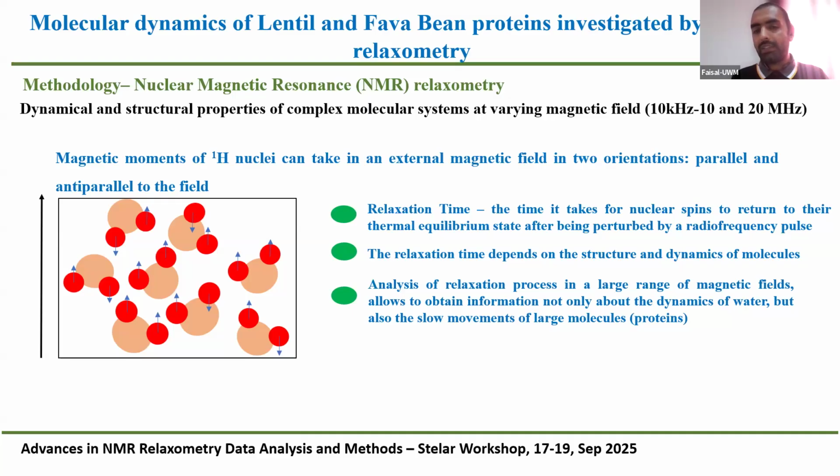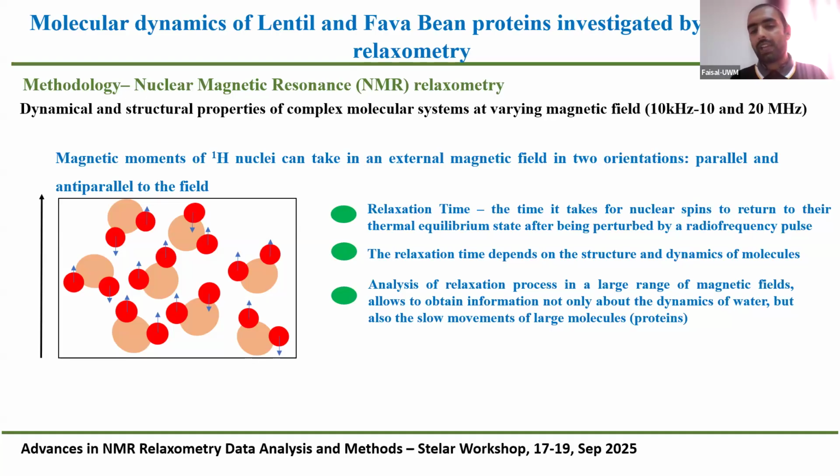This relaxation time is inversely proportional to the relaxation rate, and the relaxation rate reflects the probability, or efficiency, of the transitions between the energy levels. So the relaxation time mostly depends upon the structure and the dynamics of the molecules.